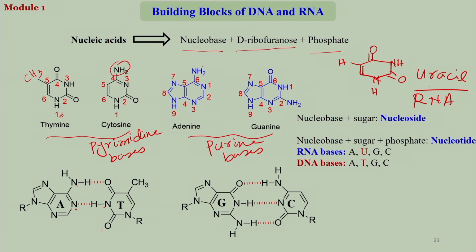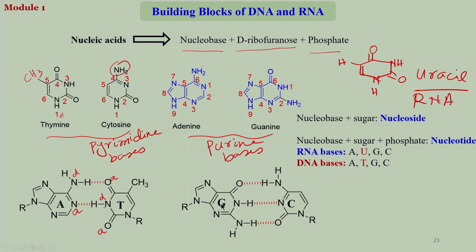So, acceptor here, donor here, acceptor. But if you look at the geometry of this sugar, you can see this C=O bond is away, somewhat in the interior part closer to the sugar. That is why it does not participate in the hydrogen bonding. Hydrogen bonding comes from these two factors.